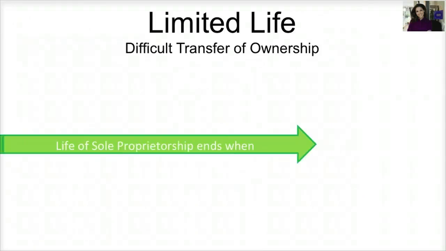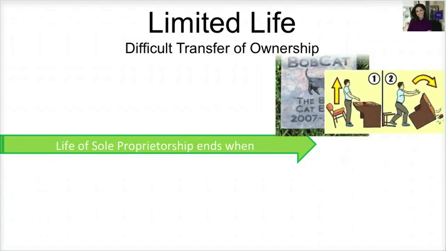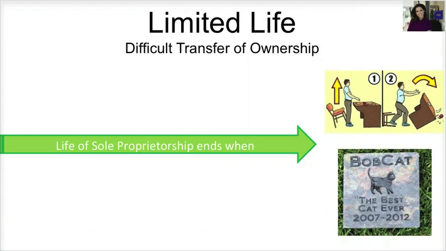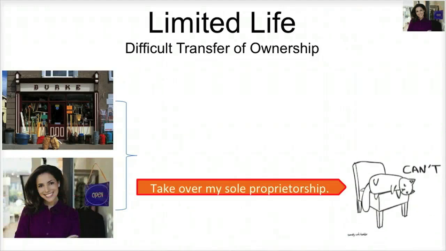Limited life, difficult transfer of ownership. Sole proprietorships do not exist for extremely long periods of time because they are easily discontinued at the owner's discretion, or they simply cease to exist when the owner passes away. A sole proprietorship cannot be transferred to someone else.